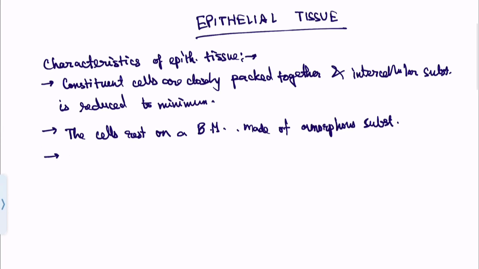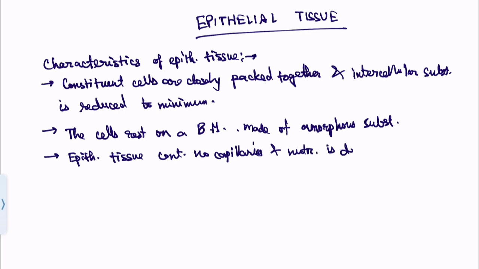Then epithelial tissue contains no capillaries, and nutrition is derived by diffusion from the nearest capillaries.